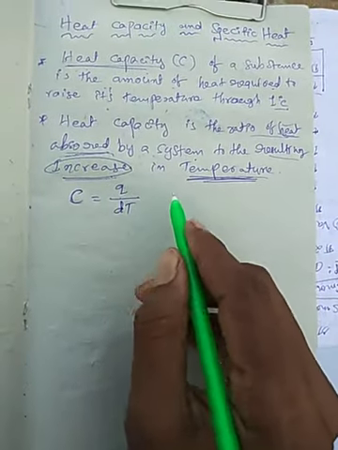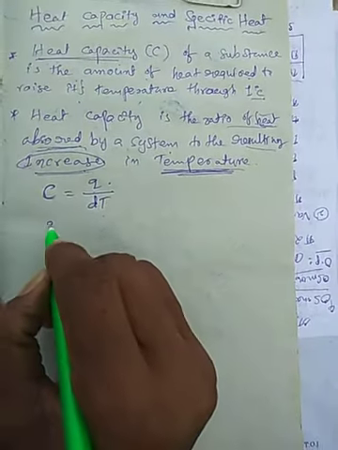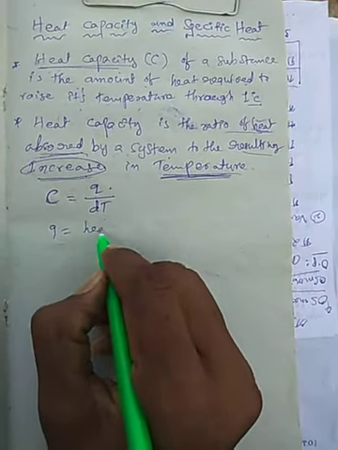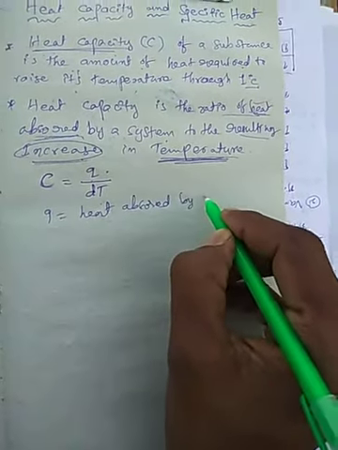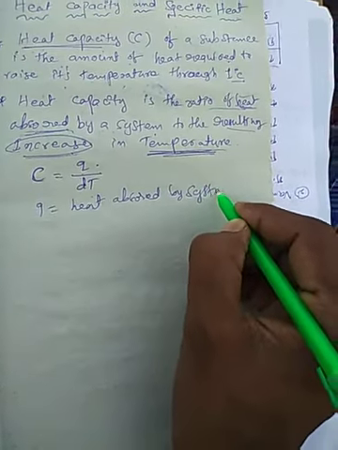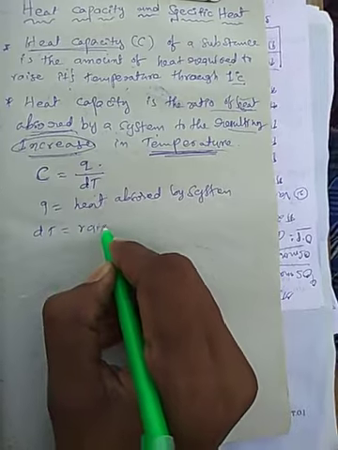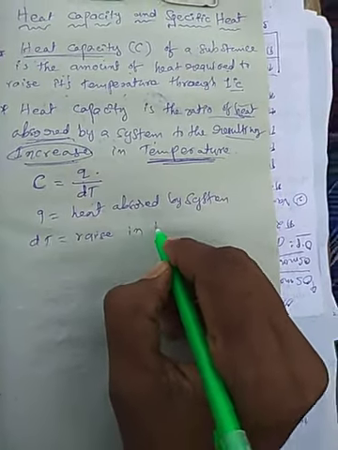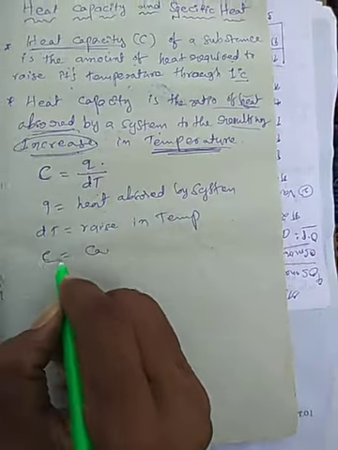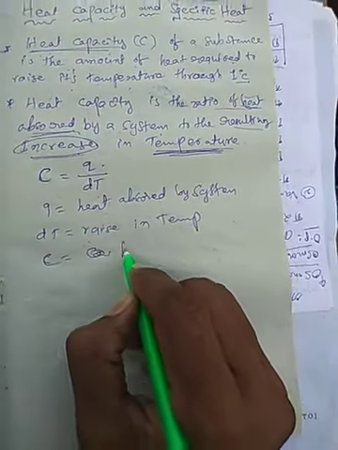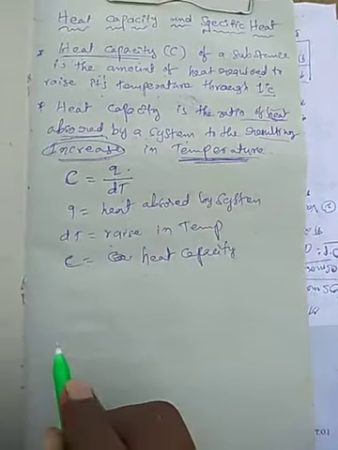Now in this case, delta Q is the heat absorbed by the system, and dT is the rise in the temperature, and capital C is the heat capacity.